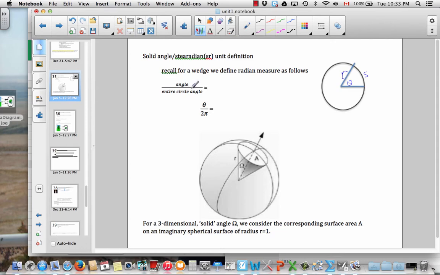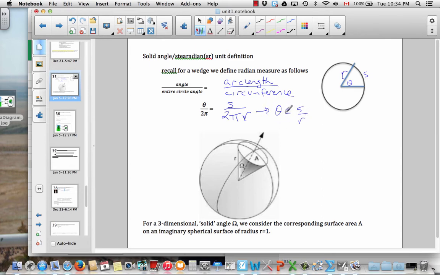The angle as a portion of the entire circle was equal to the arc length over the circumference of the entire circle. So theta as a ratio to pi was equal to the arc length s, this arc right here, over the entire circle circumference, which is 2 pi r. So that's how we define radian measure. That's the definition of theta in radians. Clearly you could cancel out the 2 pi's and you get this relationship right here.